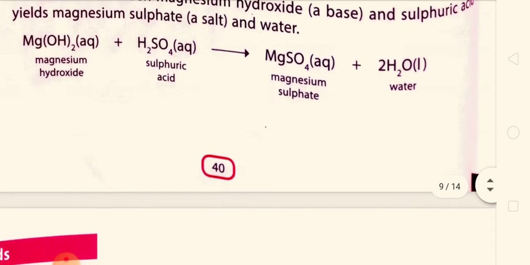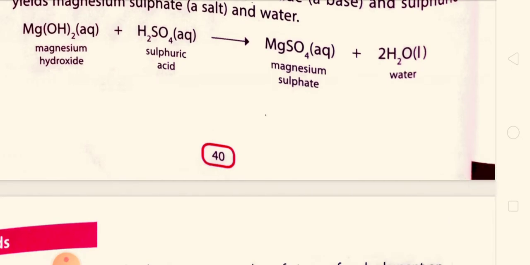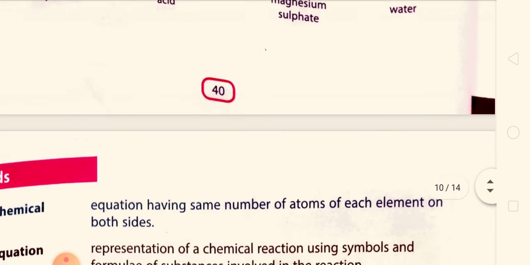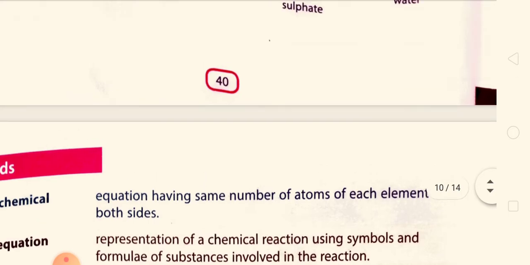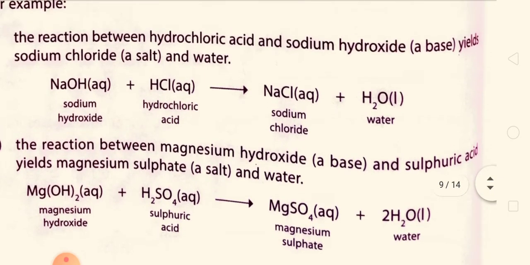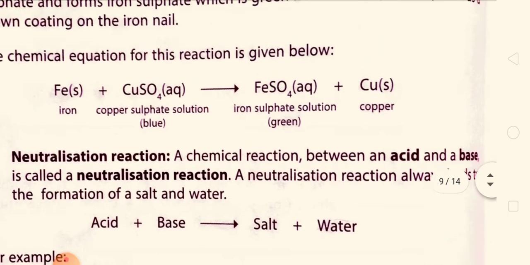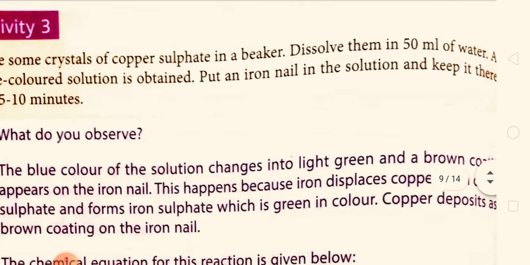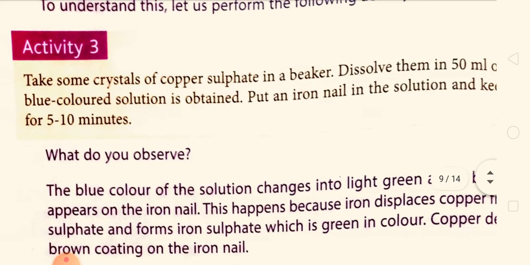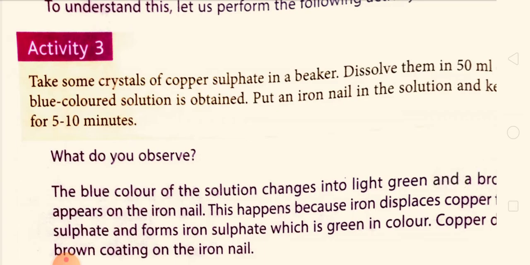I will give you a few more examples. I have kept them for you. I will also provide a small video of this activity 3. You will just see the video I will provide. In that, you will see what utensils, apparatus and materials are used in this activity.